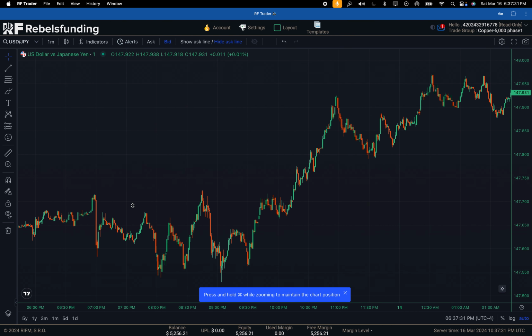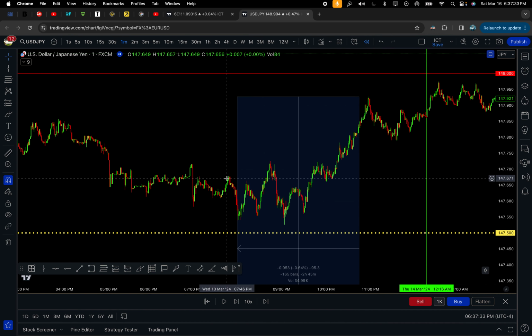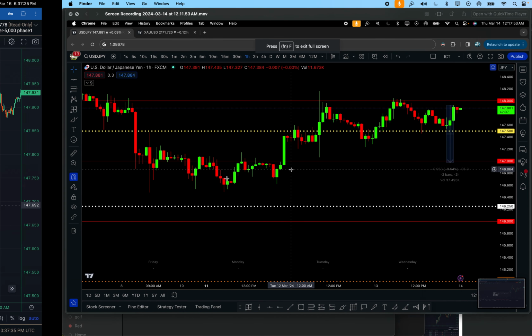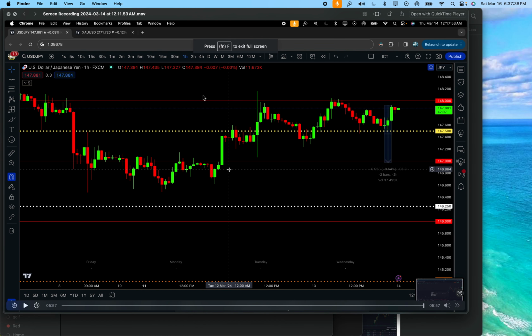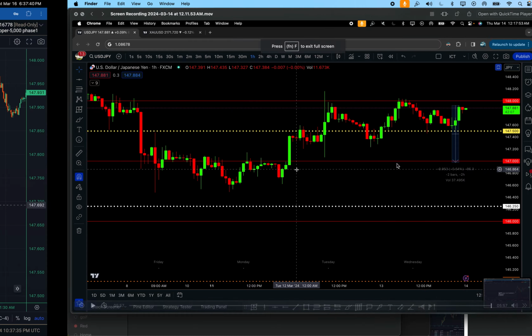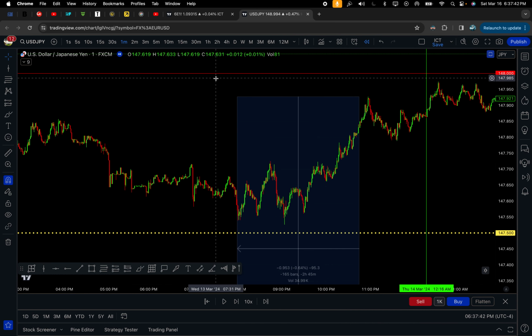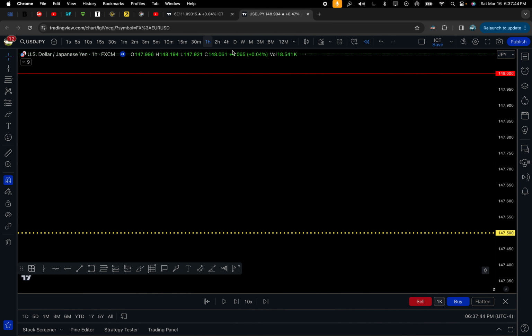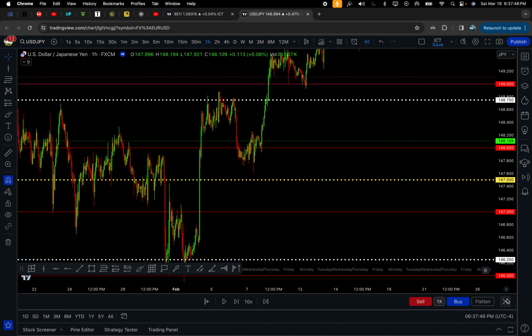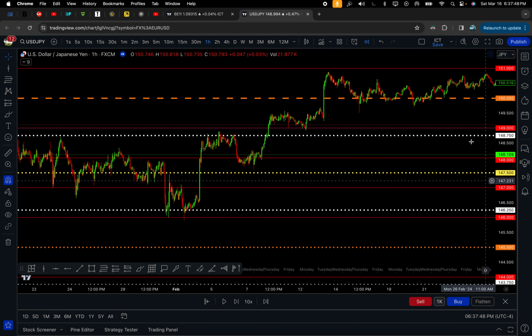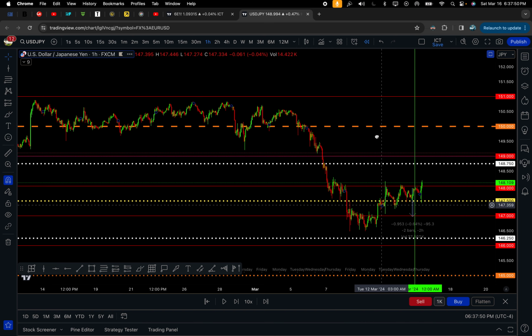I have the chart pulled up over here. I was on the hourly here, so if you zoom out, you can see it's the same chart. I've got the spot marked where it was.